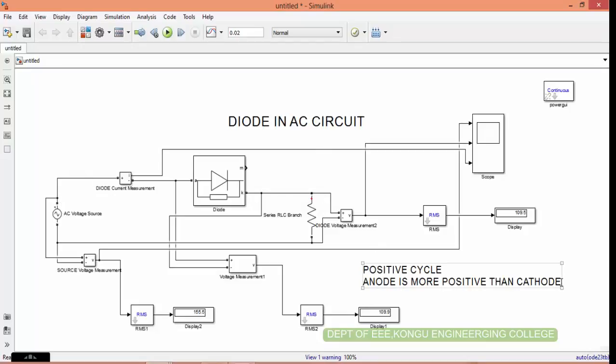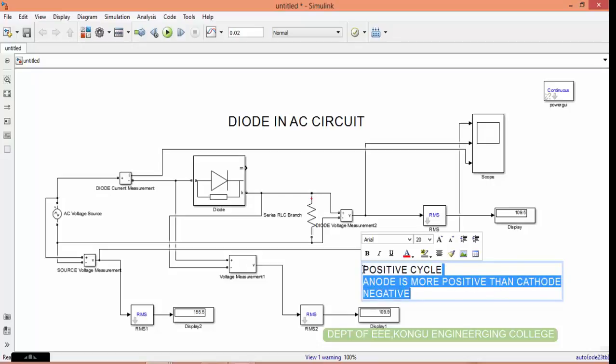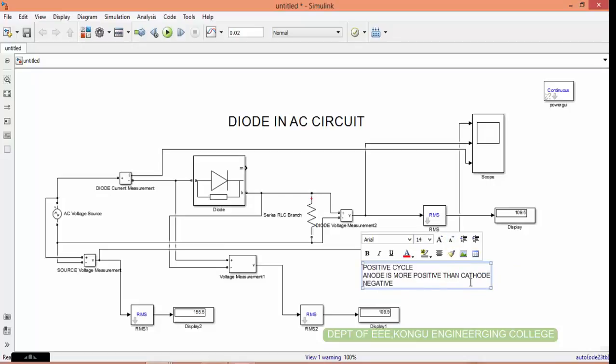But during the negative cycle, what is happening? The supply changes. In the positive cycle, this point will be positive and this will be negative.